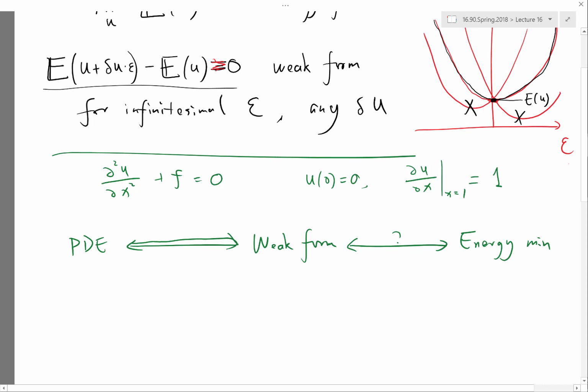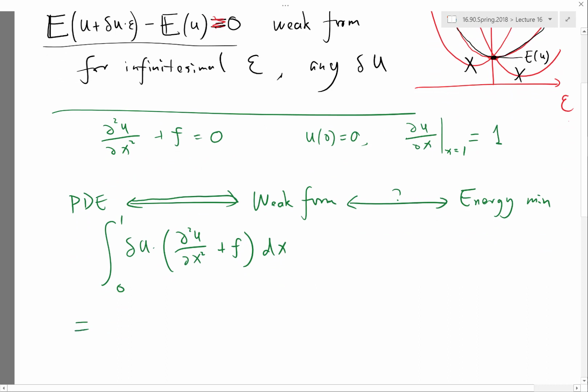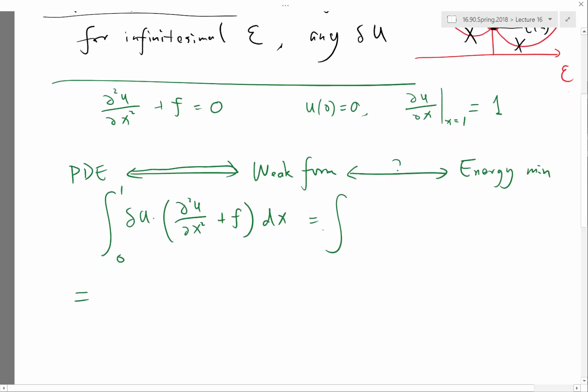To derive the weak form, what you need to do is take a small variation on the solution u, and multiply the small variation, let's say delta u, on top of this differential equation, and integrate over this domain. With this integration, we are splitting it up into two parts. The first part is delta u times the second derivative, and the second part is delta u times f. The second term is already a term in the weak form.